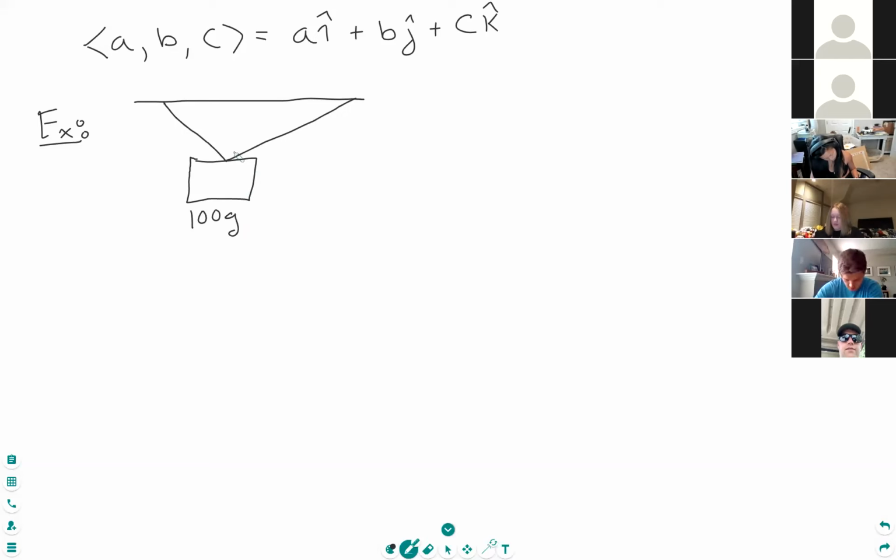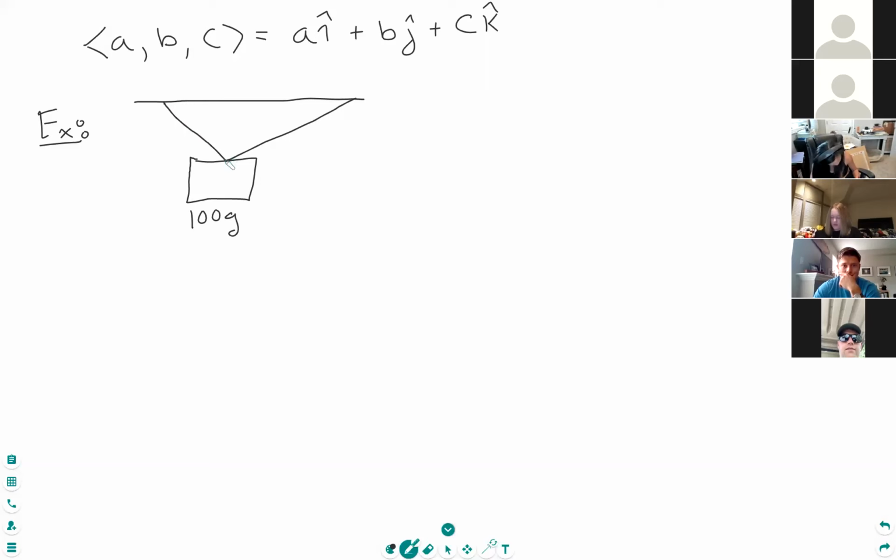Now what I want to figure out is the tension in each of these strings. Tension you can think of as having a magnitude, how much of a force is pulling, and then a direction. And you can imagine that the tension is going to be pulling along the string.